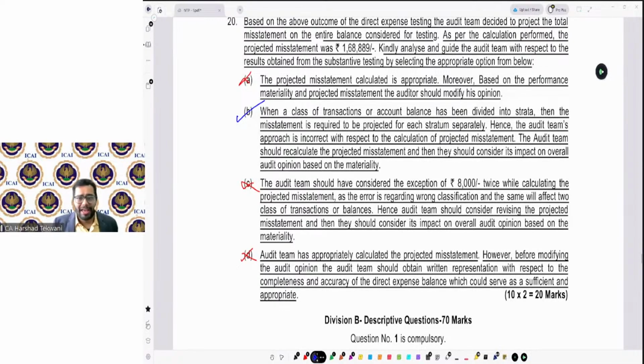For example, no segregation of duty. For example, the controls around the inventory business process are not appropriate. Then you can check whether there are any aged, non-moving, slow-moving items. You need to check whether there are any excess inventory balances, aged inventories. By performing these procedures, you can identify a red flag in the inventory.